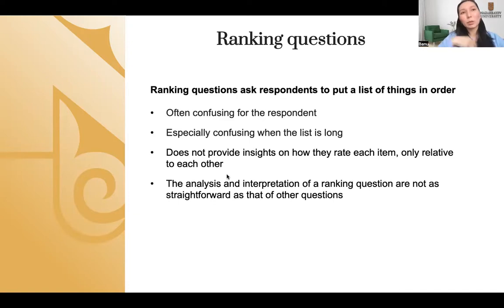So you cannot learn the intensity of the responses, only information about response categories relative to each other. And also, the analysis and interpretation of ranking questions is not as straightforward as with other questions like multiple choice or Likert scale questions.